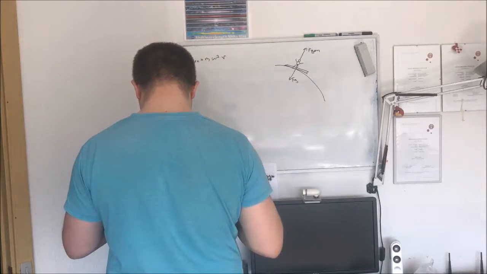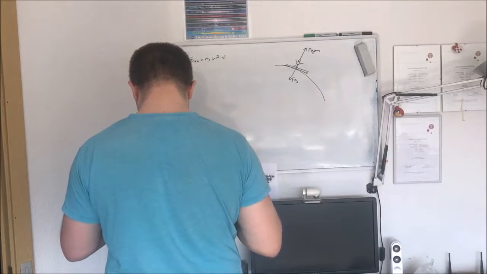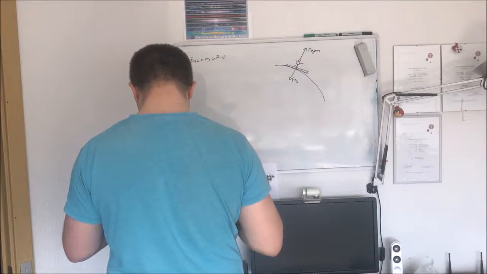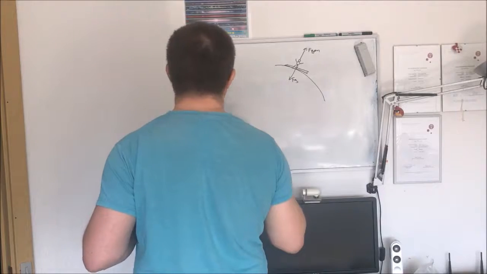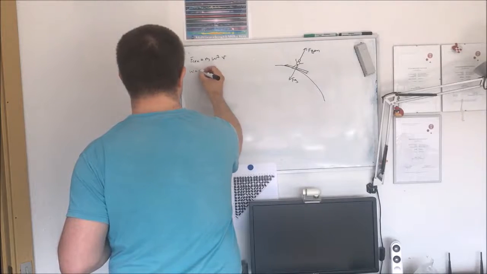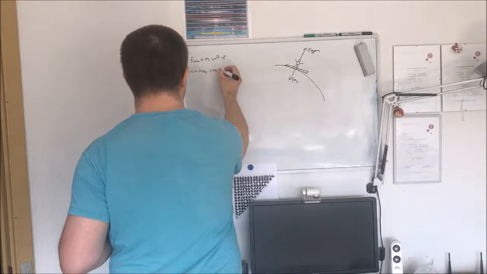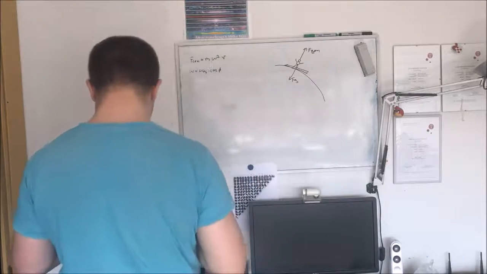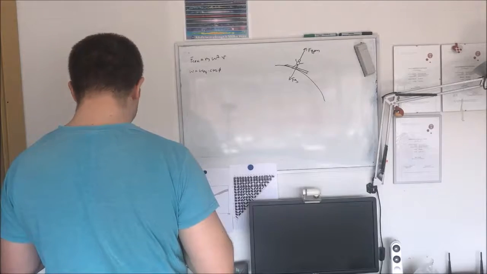So let's say we redefine ω as ω equator times cosine φ.